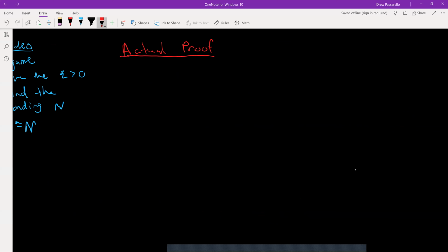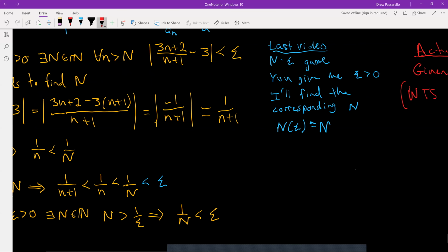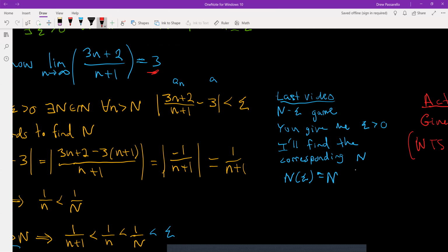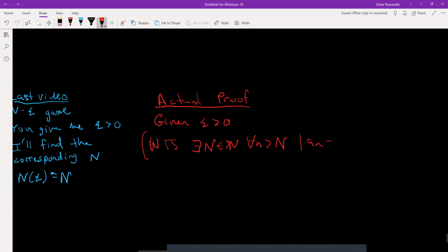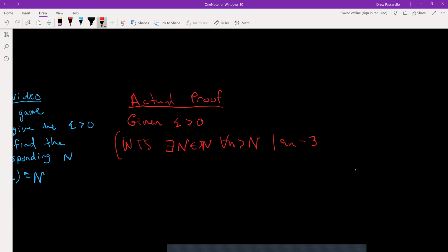We wish to show there exists a capital N in the natural numbers, so that for all little n bigger than capital N, we have the absolute value of the difference between our sequence a_n minus our limit, which in this case we're claiming to be 3, so minus 3, is less than epsilon. All right, that's what we need to show.